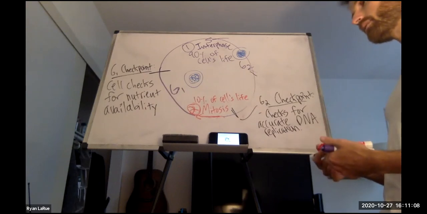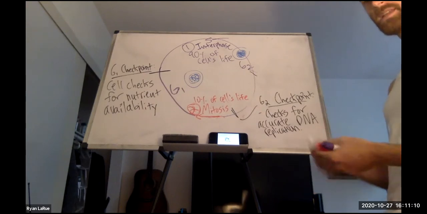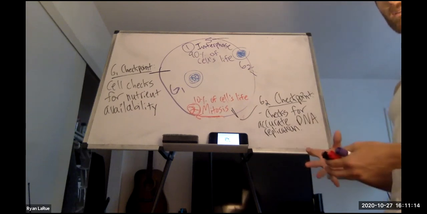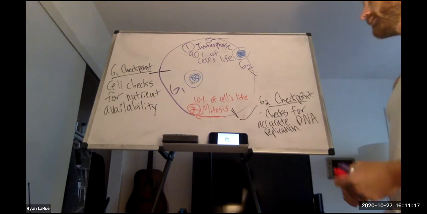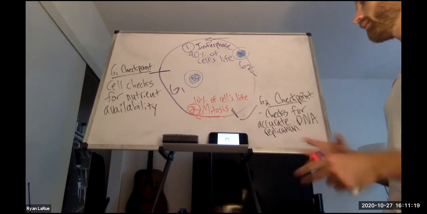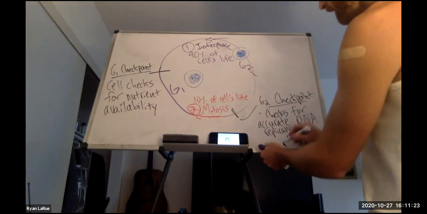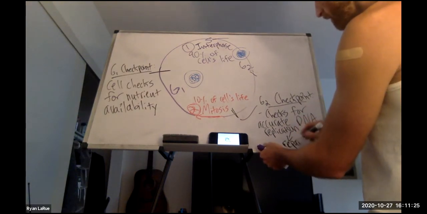If there's a small error in DNA replication, where the wrong nucleotides were synthesized and it's not exact, the cell's going to repair it. There are repair mechanisms in place.